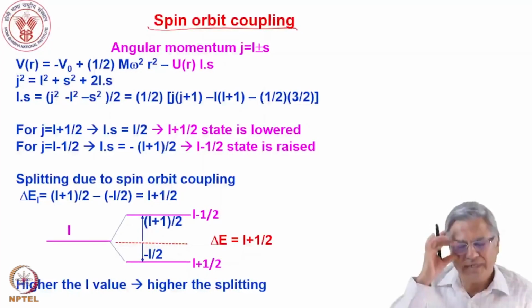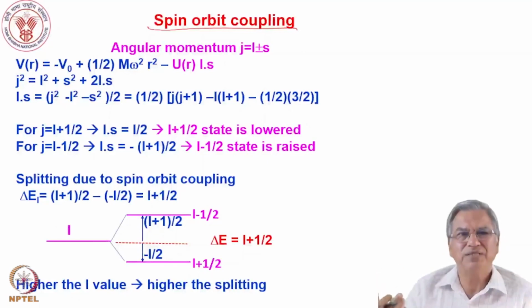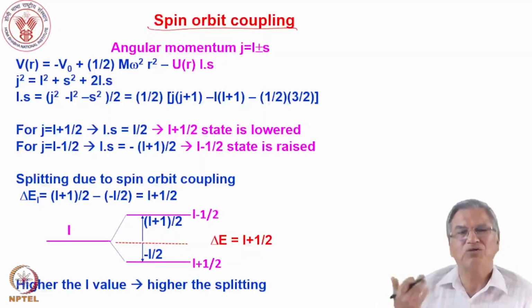You know, in atoms, in chemistry, we have heard about the LS coupling. That means the small l orbital angular momenta of all electrons combine to give the capital L, the total orbital angular momentum, and the spins of all electrons combine to form the capital S, the spin angular momentum. The capital S and capital L combine, and that is called the LS coupling or Russell-Saunders coupling, and that nicely explains the spectra of atoms.